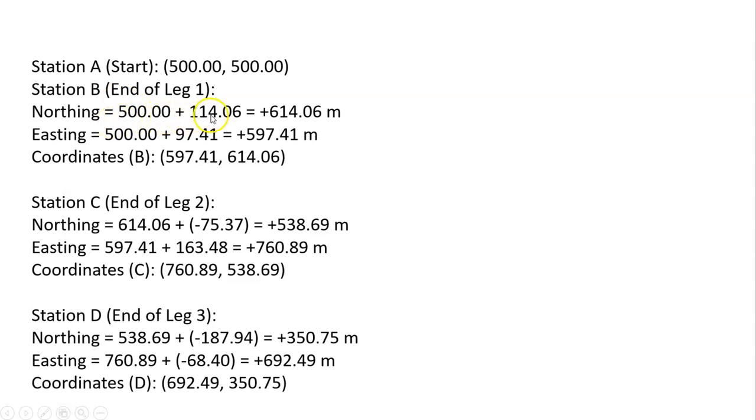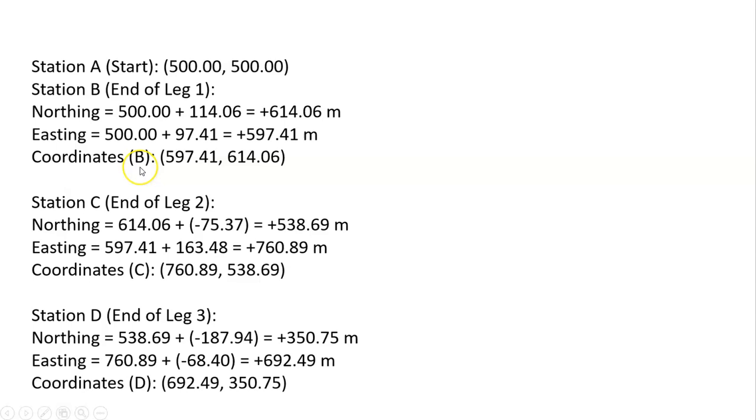So the northing of B would be 500 plus 114.06. You should remember that 114.06 is plus and 97.41 was also plus. So we are adding here. So 500 plus 114.06 is about 614.06 meters. 500 plus 97.41 is 597.41.